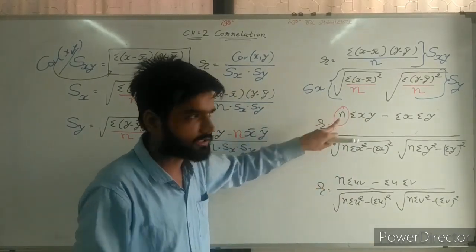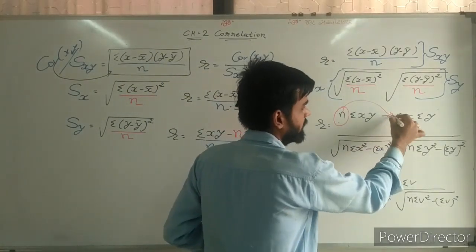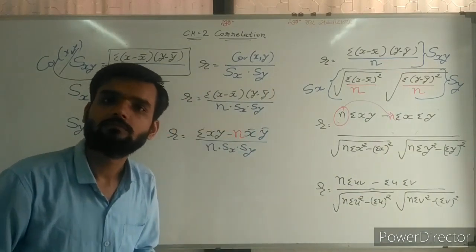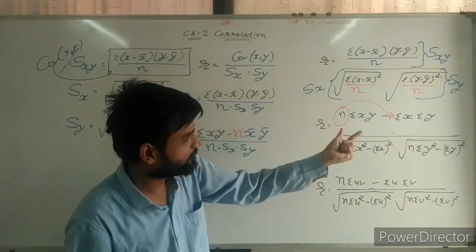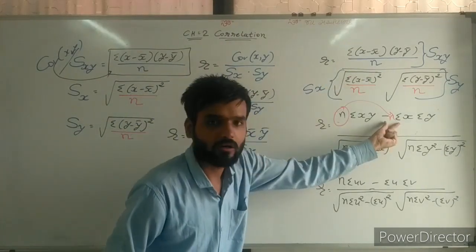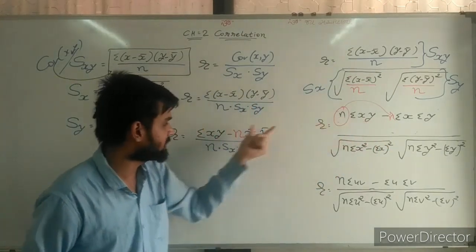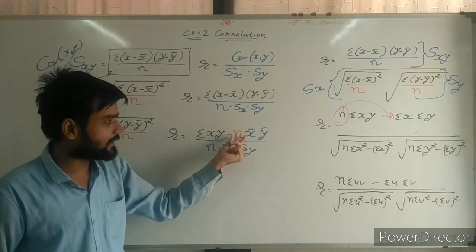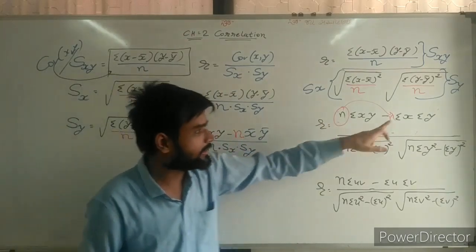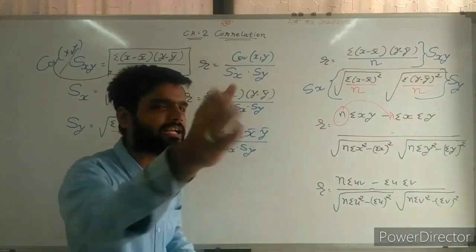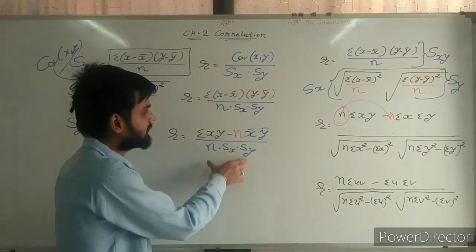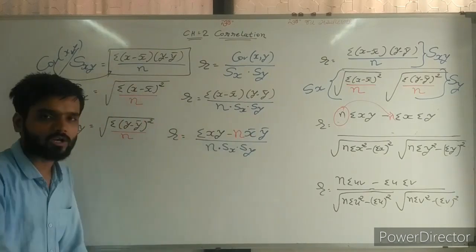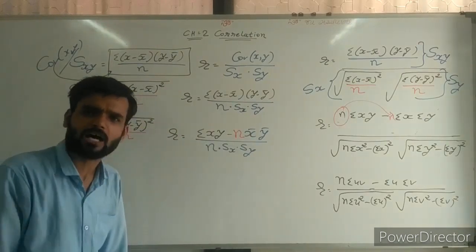Take this n from here and put it back. So here only sigma xy minus n remains. Now instead of sigma x, sigma y, write x bar and y bar. Division remains same. This is the third formula of correlation coefficient r.